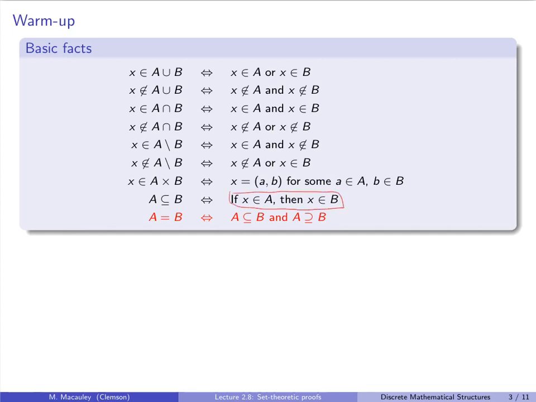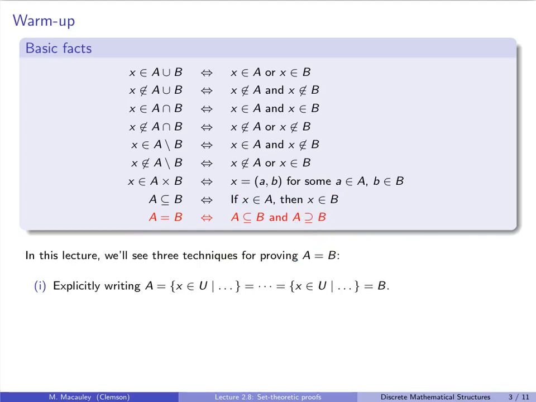So if we want to prove that A is equal to B, then to prove this first one, we have to take an arbitrary element in A and prove that it is in B. And then for this second condition, we have to say that if X is in B, take an arbitrary element in B, then X is in A. Okay, so that's going to be one of the main new techniques of this lecture.